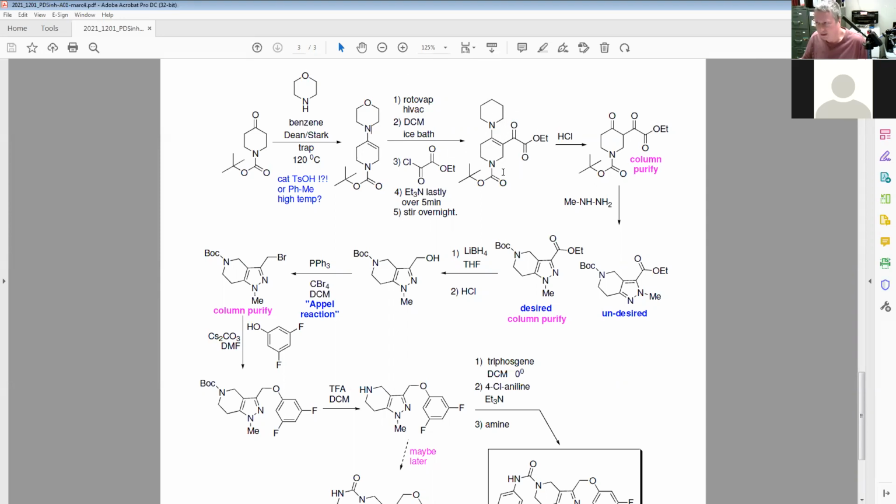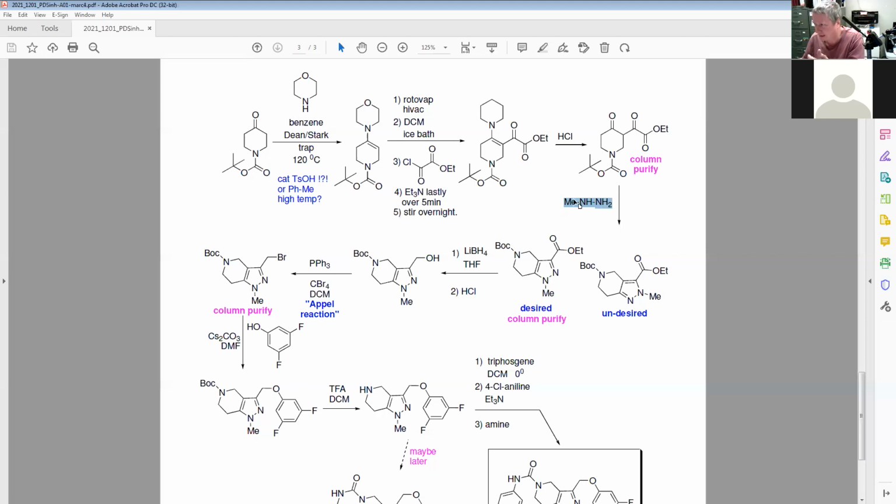This enamine I can take off with acid. So acid wipes it off, and you get a ketone back. So this is back to a ketone. This stuff is a nucleophile, and basically the two nitrogens are nucleophiles, and one nitrogen attacks this ketone, the other attacks the other ketone, and you end up getting this crazy ring system.